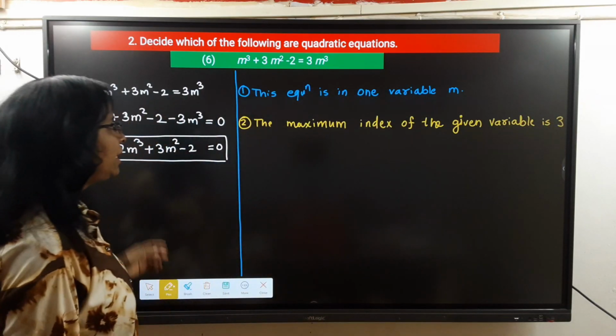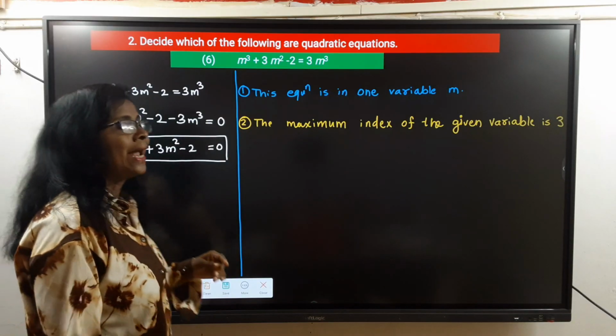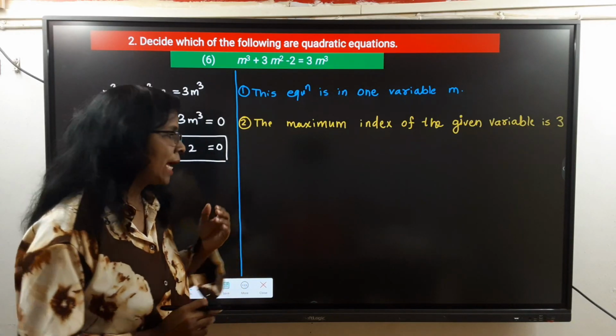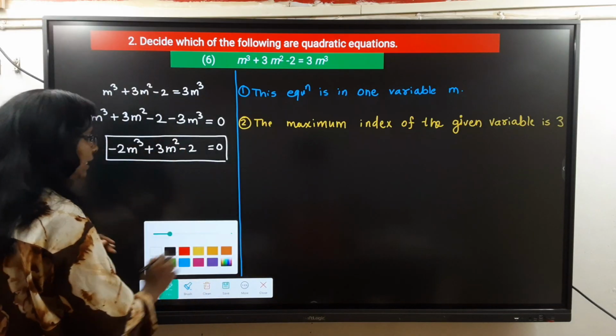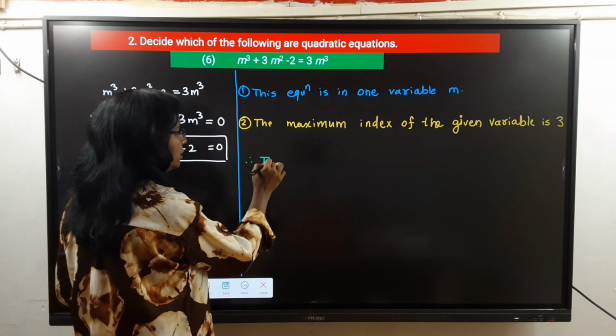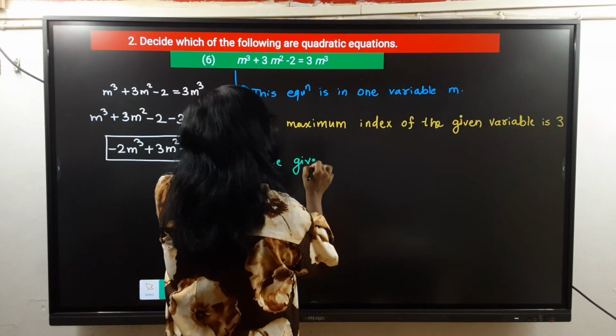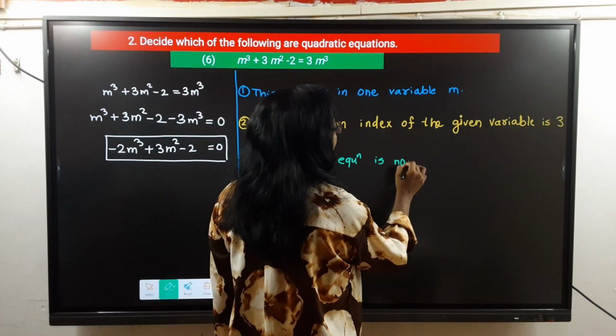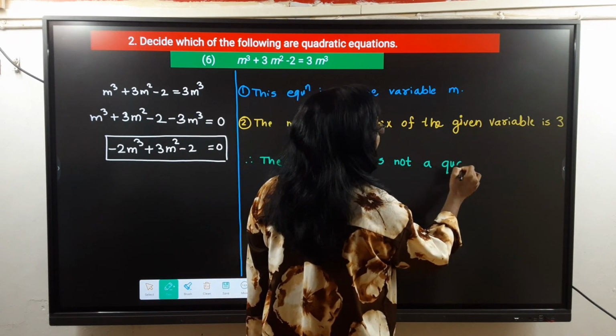Now here the maximum index of the given variable is 3, and that's why this second condition is not fulfilled by this equation. So directly we say that therefore the given equation is not a quadratic equation.